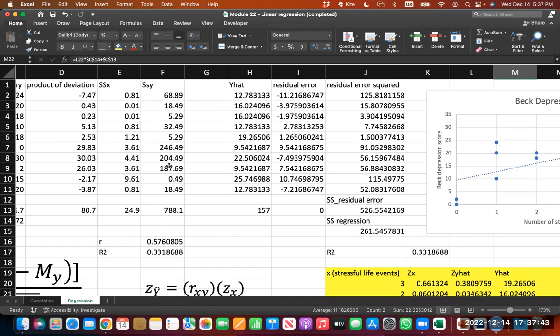Now, next we want to calculate our residual error. And we did that by calculating a y hat. If you remember the formula of y hat, this is basically our regression function. So we're taking now b2, that was our x, multiplied by the slope plus the intercept. Gets us a predicted value.